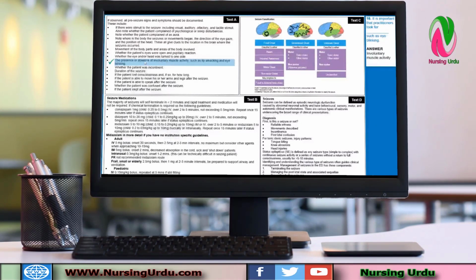So basically how is that headed out? They're looking for the presence of the absence of involuntary muscle activity, and then lip smacking and eye blinking are just examples of the absence of involuntary muscle activity. Okay, so that would be the answer for number 16.